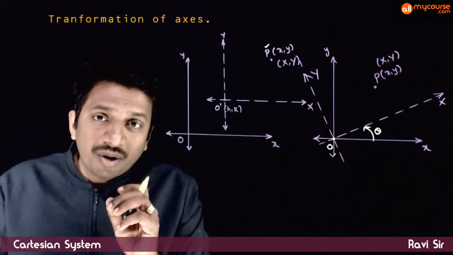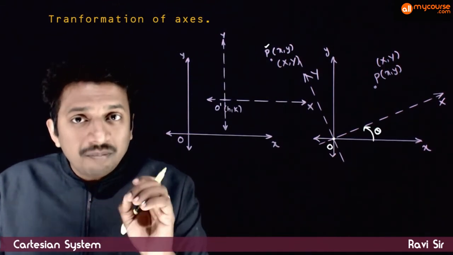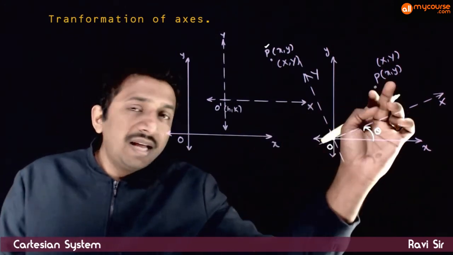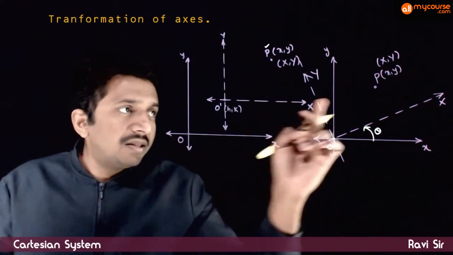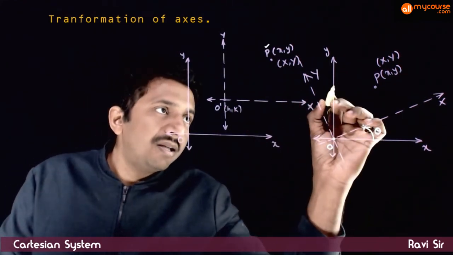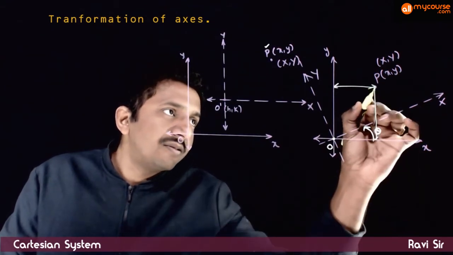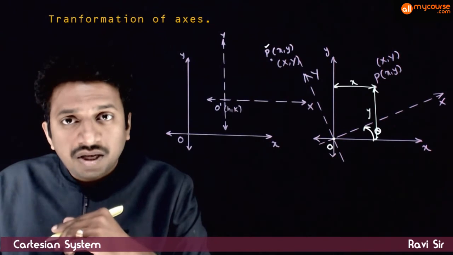The coordinates of the point are the distances from the coordinate axis measured in the direction of coordinate axis, right? So if you take the old coordinates as small x, small y, the old coordinates are nothing but this distance and this distance. This distance is small x, this distance is small y.